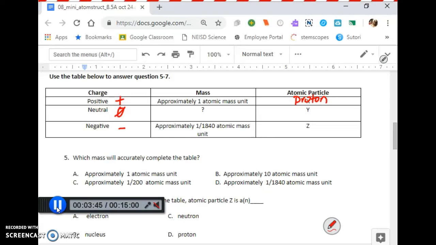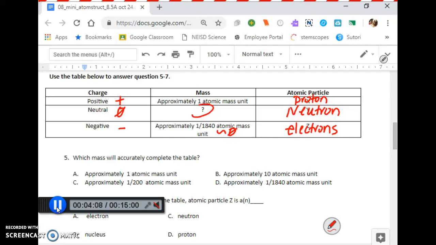Then we have a neutral particle here. We don't know its mass. It's unknown, but we know the only particle that is neutral is the neutron. Then we have our negative particle with approximately 1 over 1,840 AMU, which is practically 0. And that has to be our electron because we know the electron is the only one that's negative.